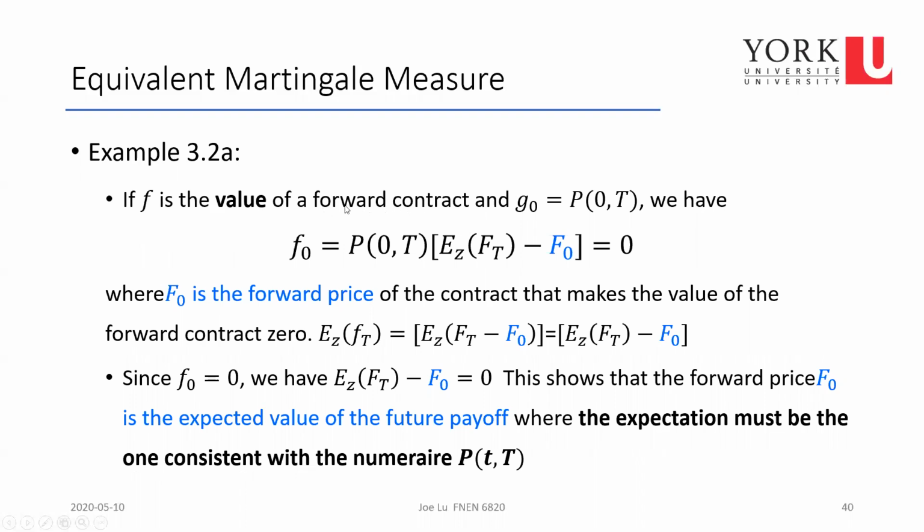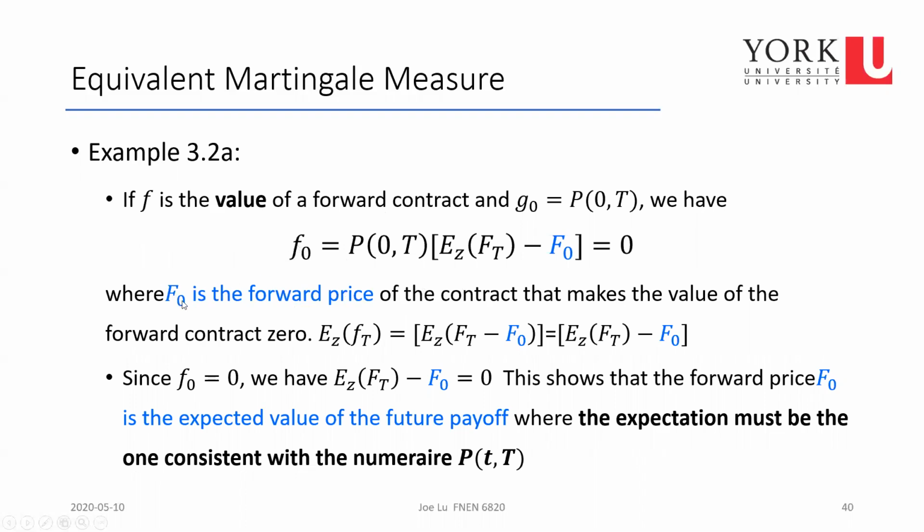So if this F is a forward contract, we have a capital F naught, which is the forward price of the forward contract at time 0. The small f naught is the value of the forward contract at time 0. So they're different.